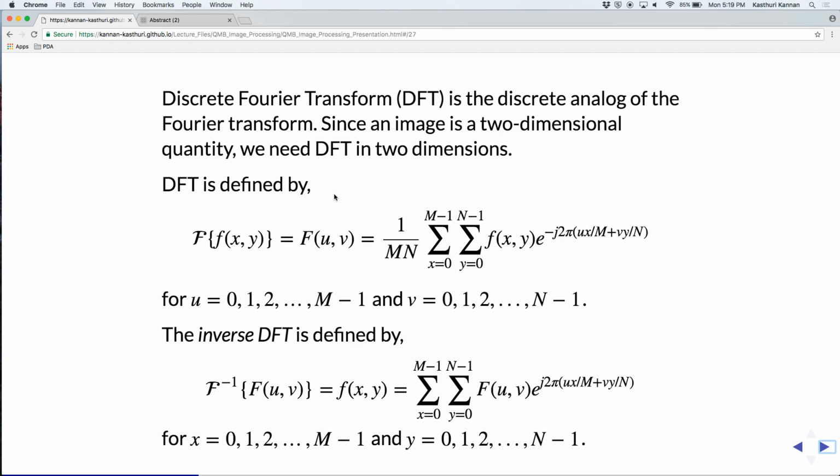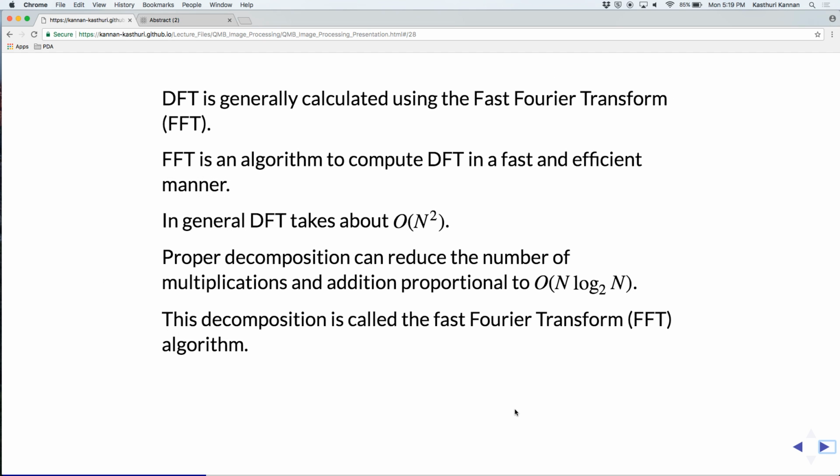It's the same idea here. Instead of a single integral, we have a double integral, which translates to a double summation. You have a function, and it's multiplied by this. It's as simple as that. And the inverse of the DFT is given by this. It's exactly the same as what we saw in the Fourier transform, just a discretized version in 2 dimensions.